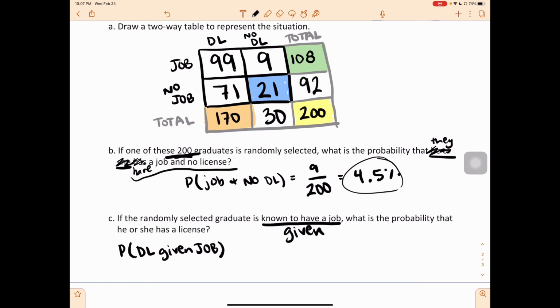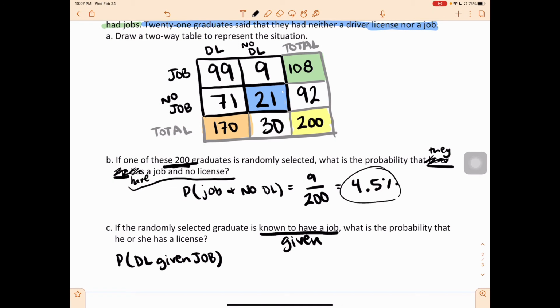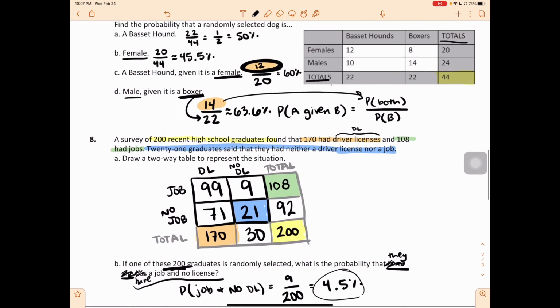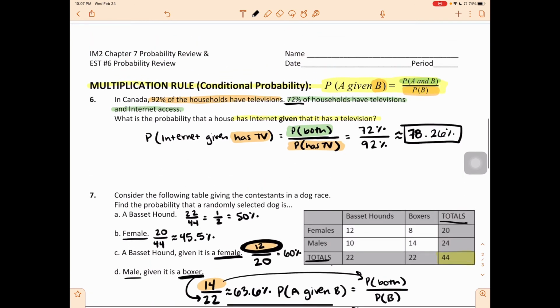If we're given something, that is the multiplication rule. So that's up above here. That is this rule right here. It is the probability of A and B, or the probability of both, over the probability of just B.